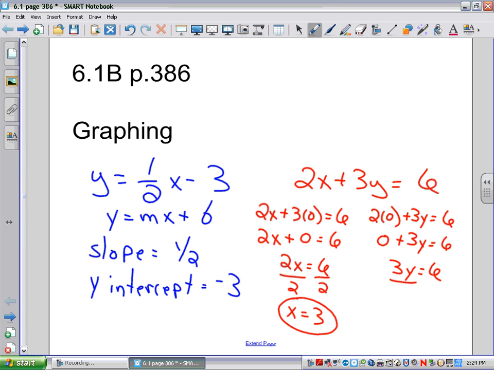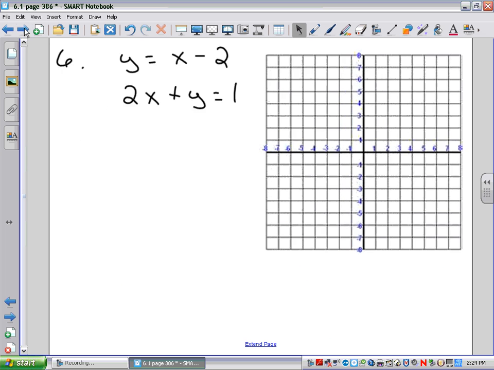Solve that by dividing by 3, and you get y is 2. So your x-intercept is 3 and your y-intercept is 2. The reason I'm pointing this out to you is you graph differently depending on how the problem is written.